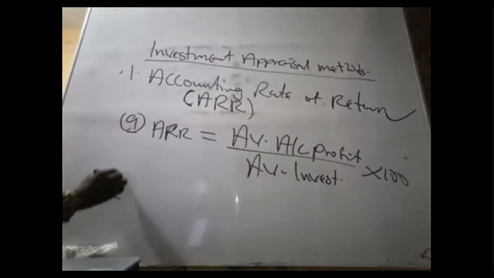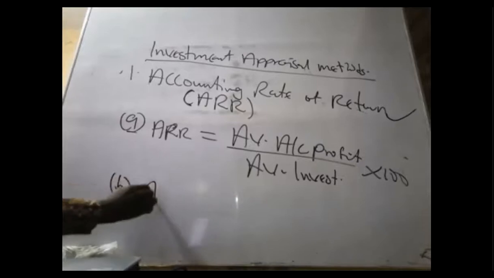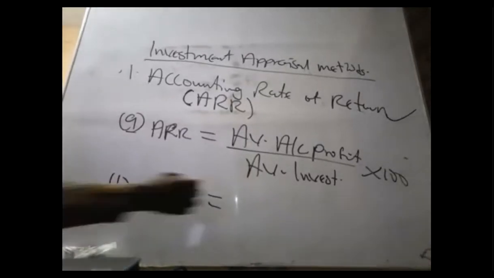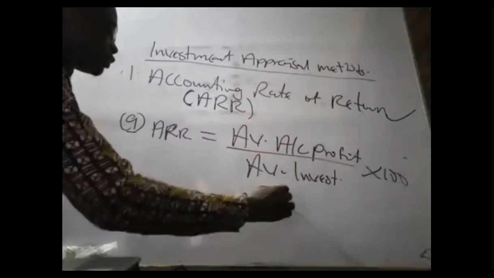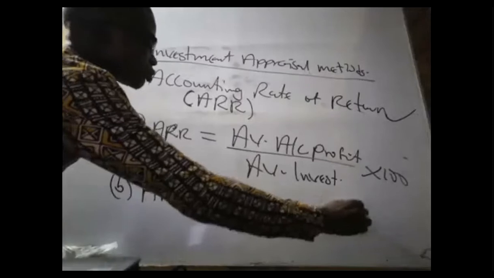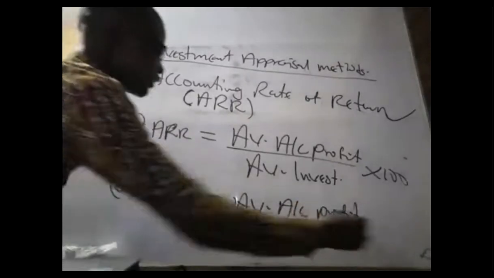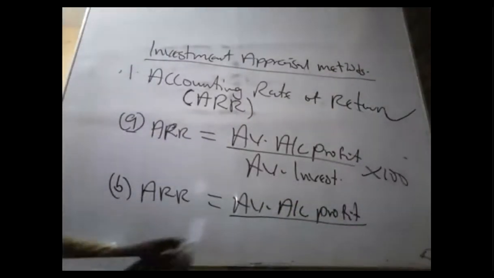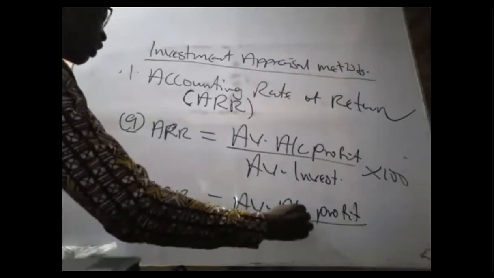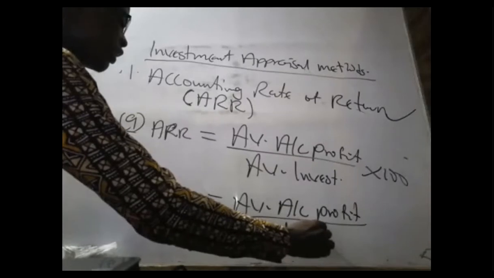Formula 2, tell the examiner that accounting rate of return is nothing but average accounting profit, all divided by initial investment.